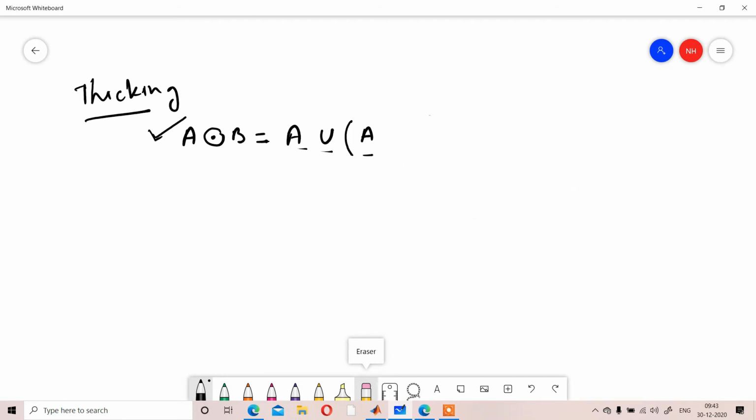Now you can do the thickening from the thinning process also. If you consider the thinning step, you can do the thickening.